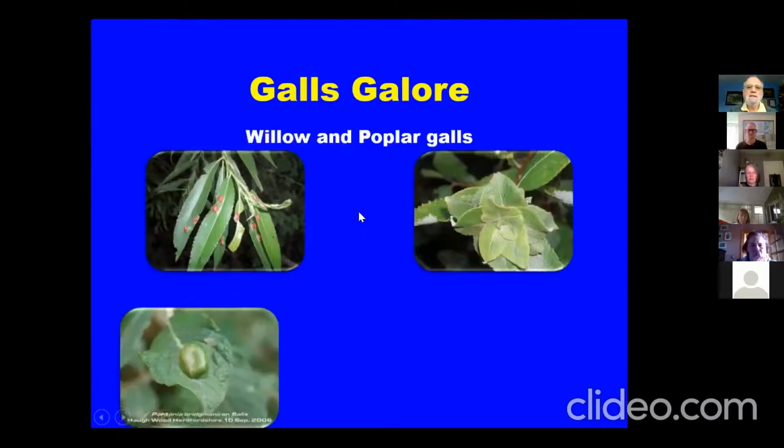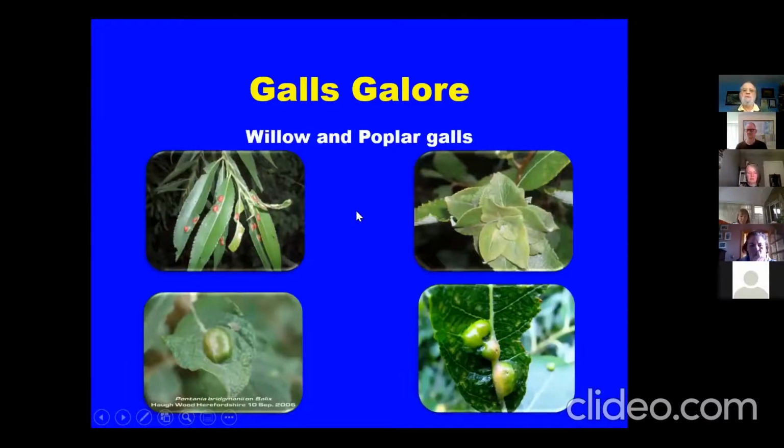Just a quick look at a few other galls. Willows and poplars have a lot of galls. Top left here is the red bean gall, which many of you will have seen, Pontania proxima. Going clockwise, a gall midge, Rabdophaga terminalis on goat willow.